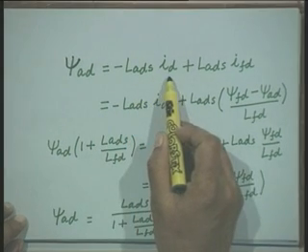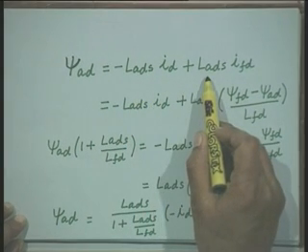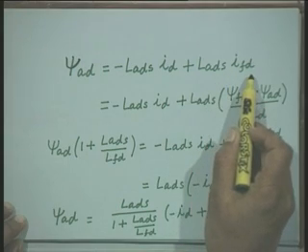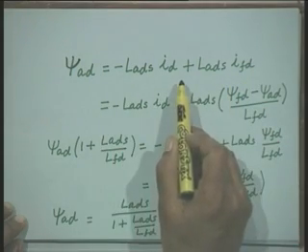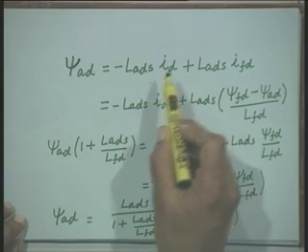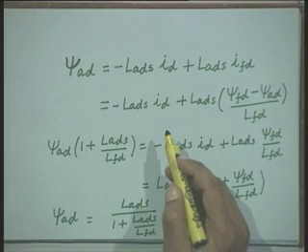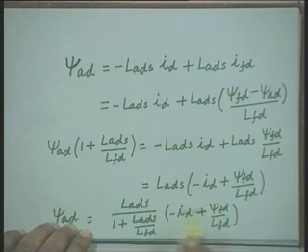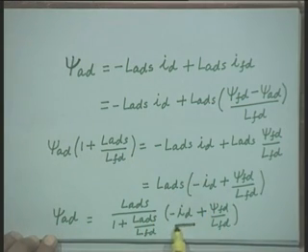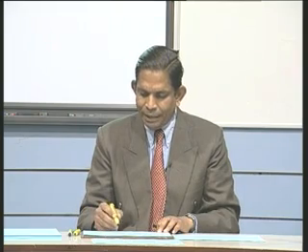Now, these steps you can perform yourself. Psi AD was defined as minus LADS ID plus LADS IFD, that is, in expanded form, LADS into minus ID plus IFD. This can be simplified and expressed in terms of the direct axis current ID.